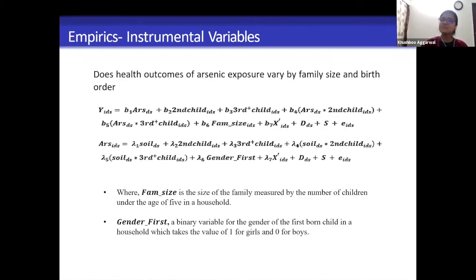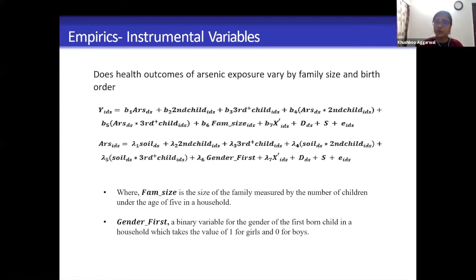But there has been a study which argues that a child who is born at a later birth order also has a higher probability of belonging to a family with a large family size. Due to the high family size, a household will not be able to allocate proper resources to each child. As a result, it will affect the child's health outcome further.